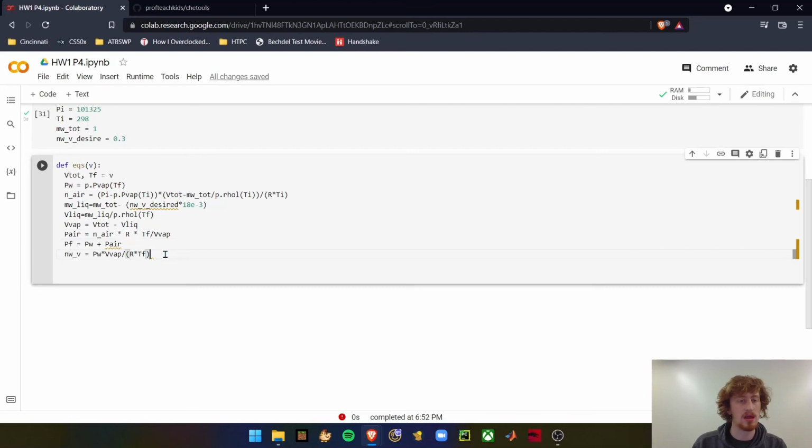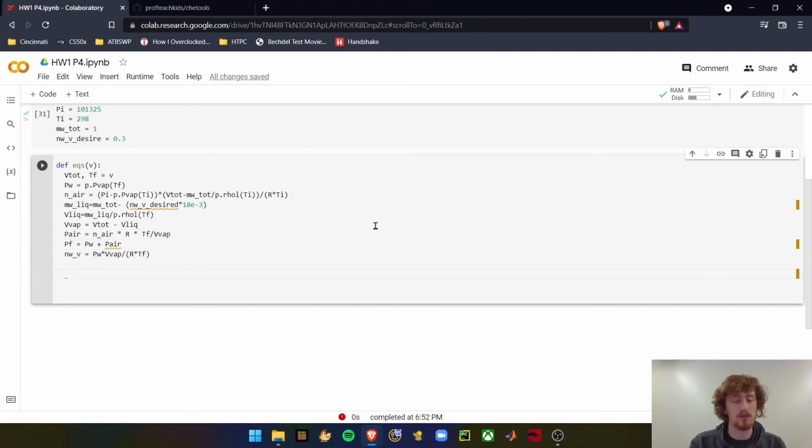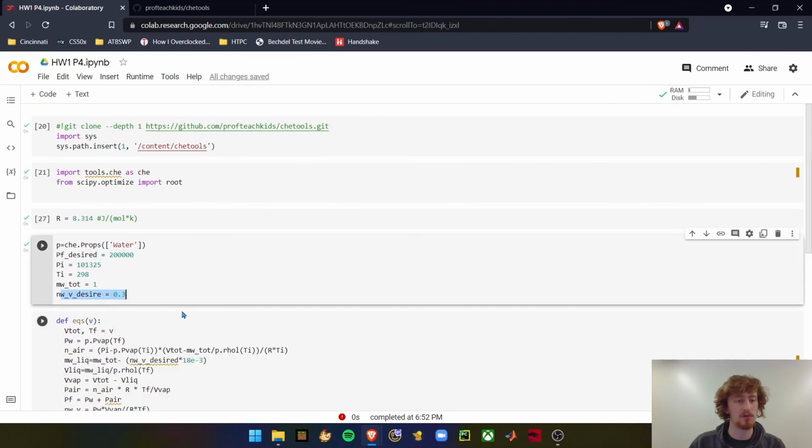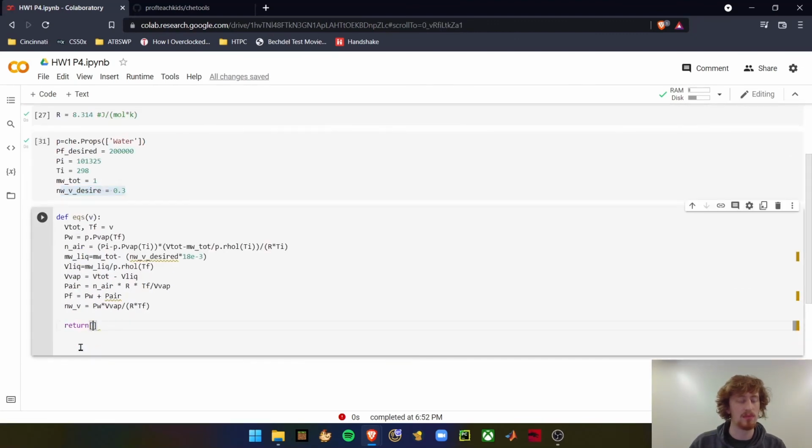And we can go ahead and set what our function here is going to return. So we want it to return the difference between the pressure that we get from this and the pressure we desire, and same for the number of moles of water vapor, because we're trying to minimize this, and the closer we can get to zero, the more accurate the computer can find the roots of the volume total and the temperature final.